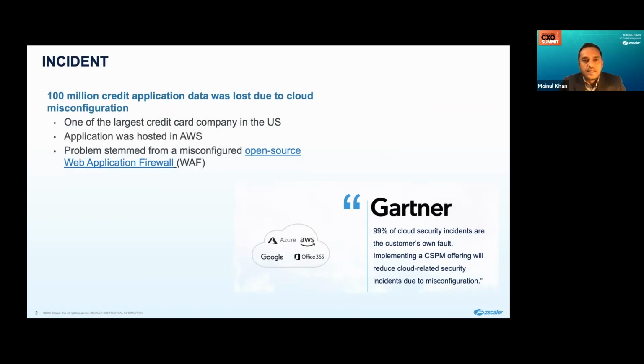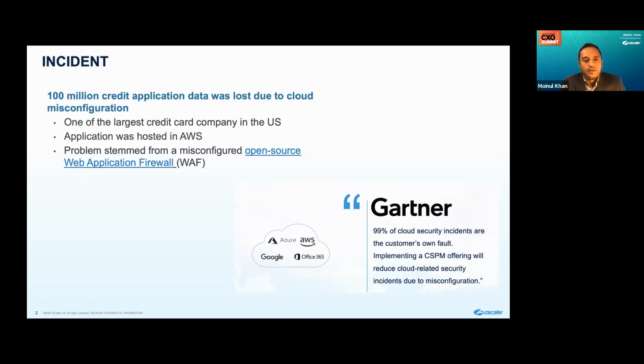Because of the incident, they lost 100 million credit application data. That was mainly due to misconfigurations in their cloud environment, in their workload. They were hosting their applications on AWS, Amazon Web Services.